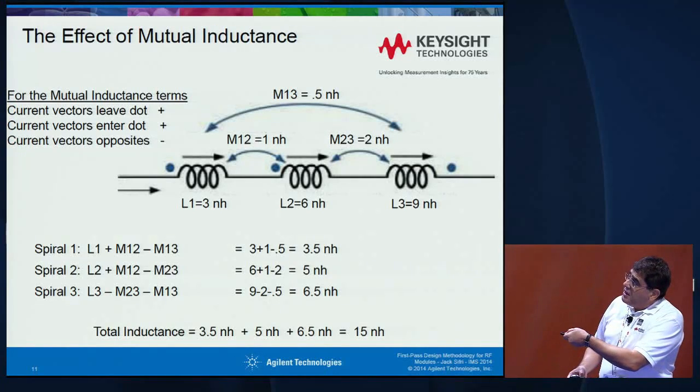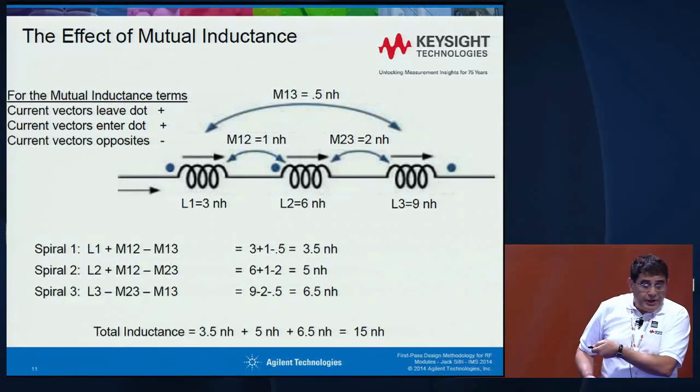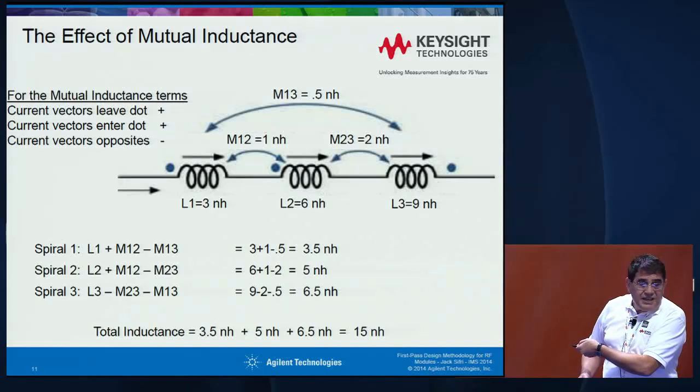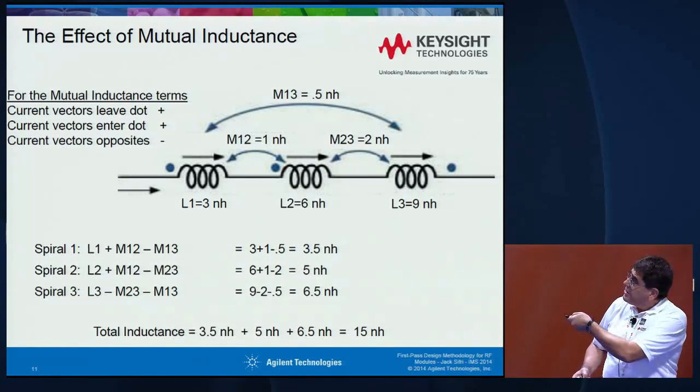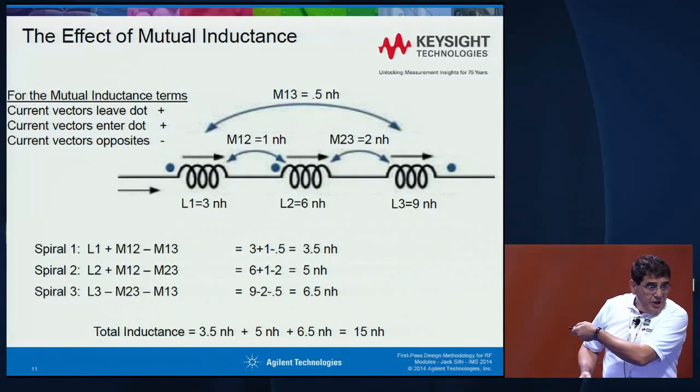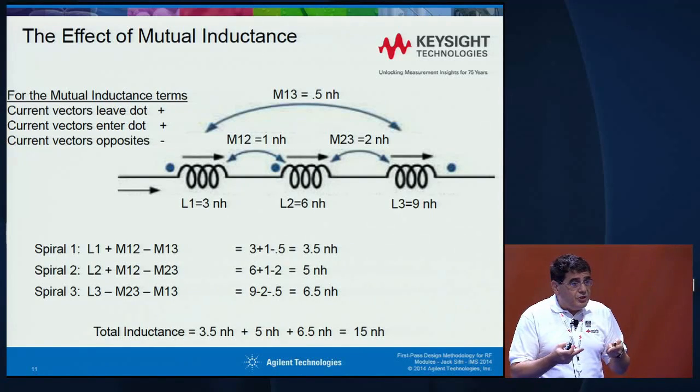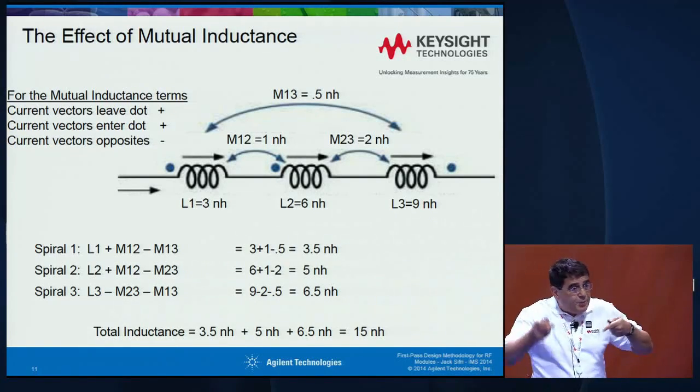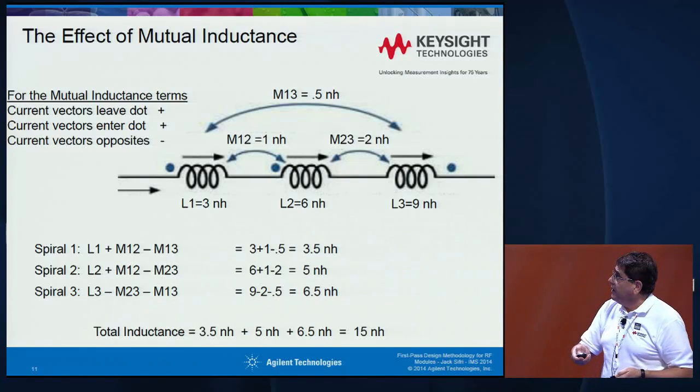So one would think that the total inductance here is 9 plus 6 plus 3, which is 18 nanohenry. But in actuality, it's 15 nanohenry when you include the mutual inductance based on the dot and the current flow. This is very important when you design an IC with spiral inductors.